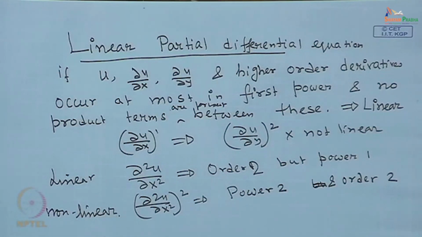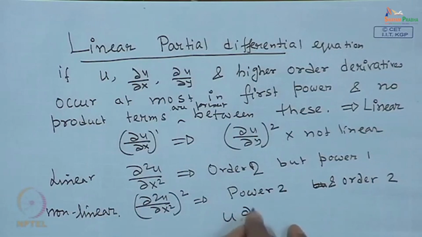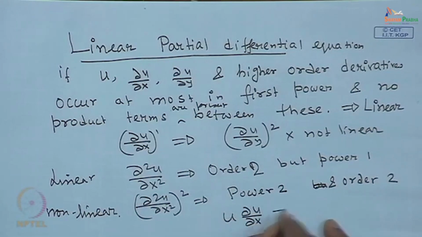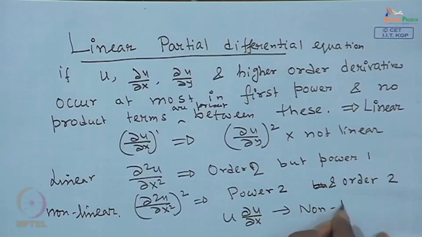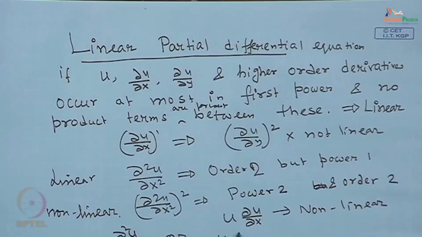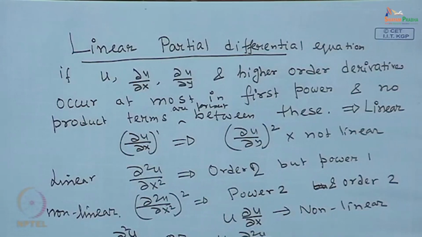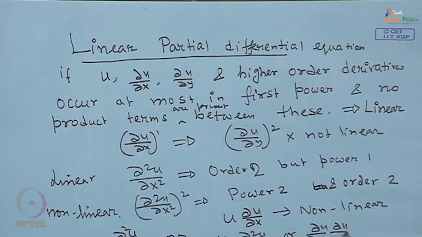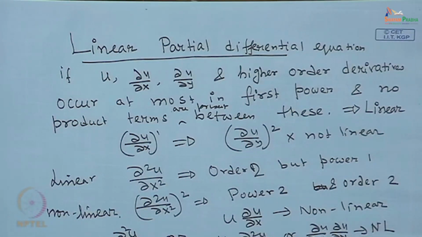If any product term is present, like u del u del x, then it is non-linear. If any product term is present, like u del square u del x square, or u del square u del x del y, or del u del x times del u del y, again they are non-linear.